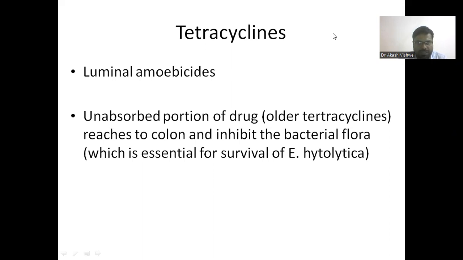It is a luminal amebicide. It is the unabsorbed portion of the drug that reaches the colon and inhibits the bacterial flora, which is essential for the survival of Entamoeba histolytica. In this way, this drug kills the bacteria.